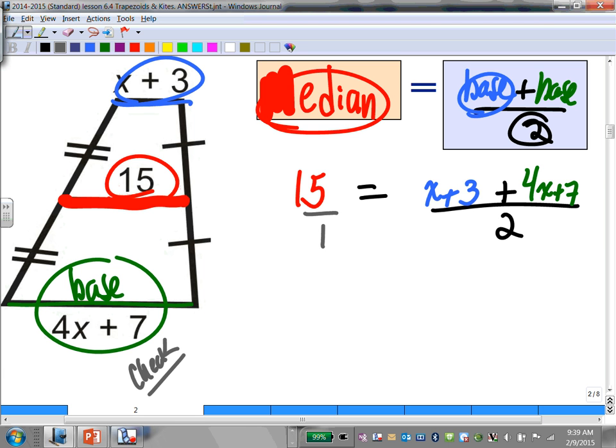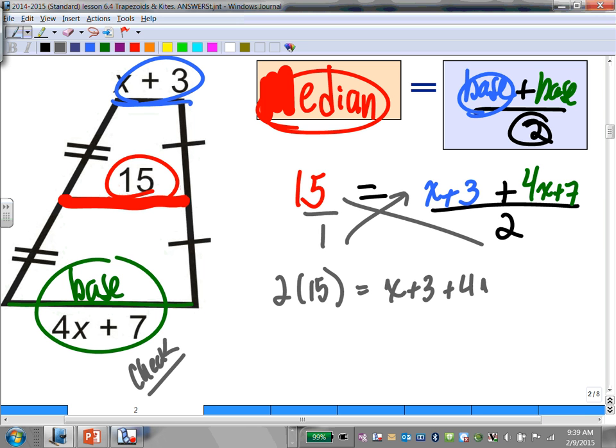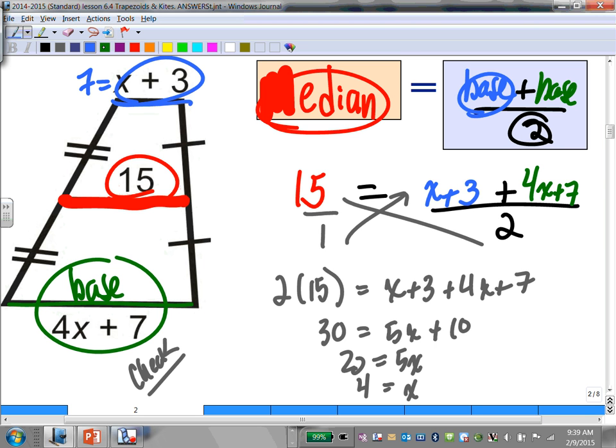Solve for X, plug it in, show a check. Go. Do your check.